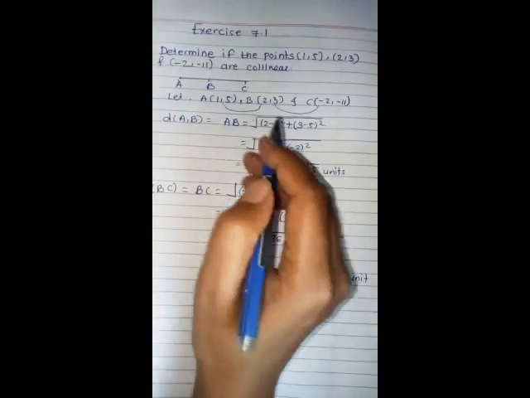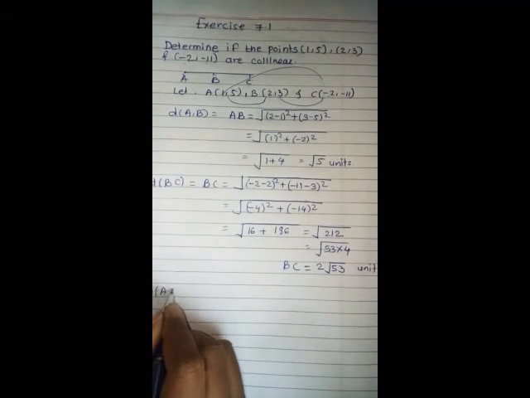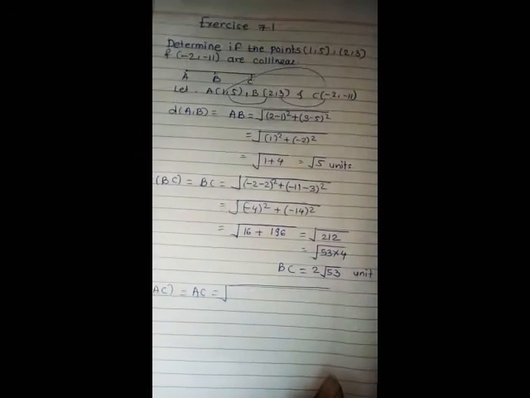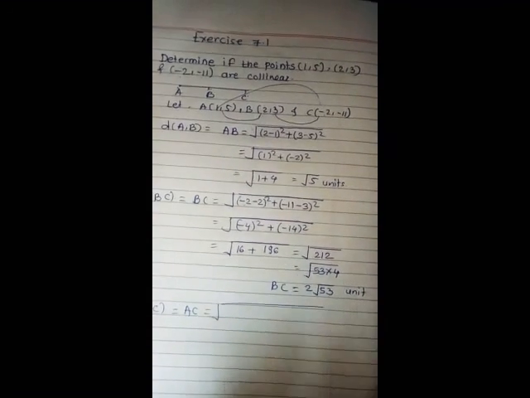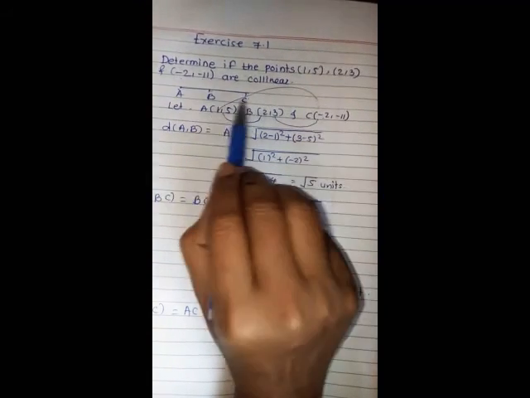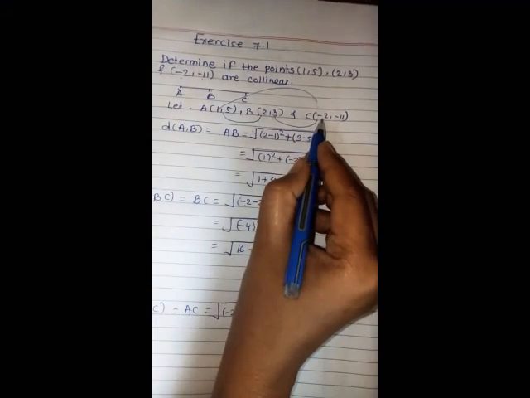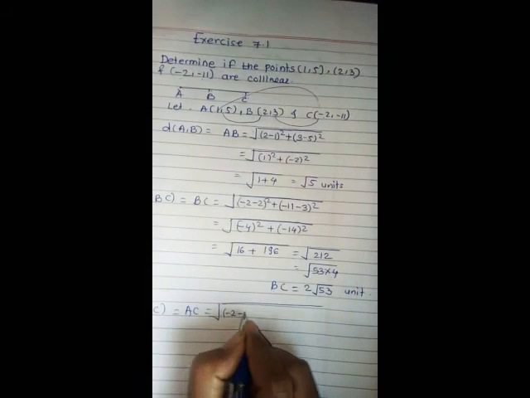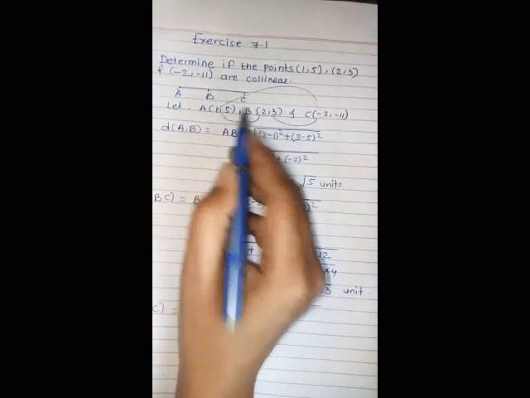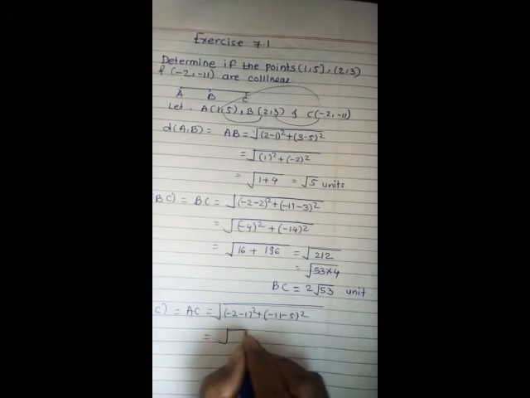Next we find the distance between points A and C. AC is equal to the square root of, we also use the distance formula, (x2 minus x1), where x2 is -2 and x1 is 1, square, plus (y2 minus y1), that is (-11 minus 5), square.